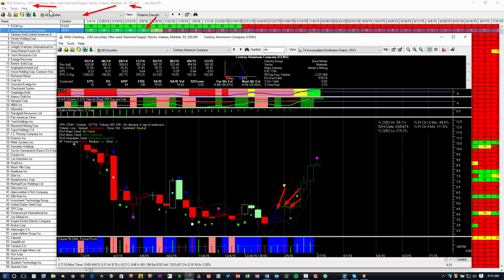I'm in all securities, but I have a filter applied. So during this week, even though it didn't really go anywhere, it was still outperforming 95% of the stocks. So they must have done very little or even gone down, the rest of these stocks in the database. Well, let's just find out.